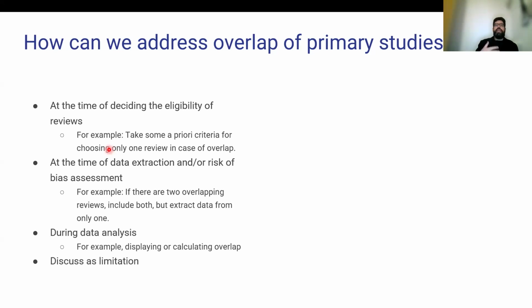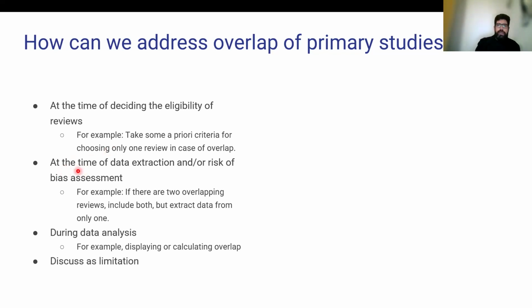So for example, you can take some criteria for choosing only 1 review in case of overlap. So you may say in your overview, okay, if I find 2 reviews that have at least 1 shared primary study, I will just include the most recently published, for example.